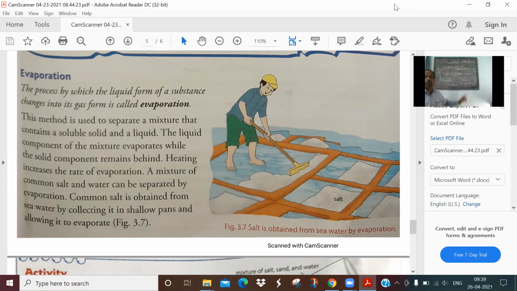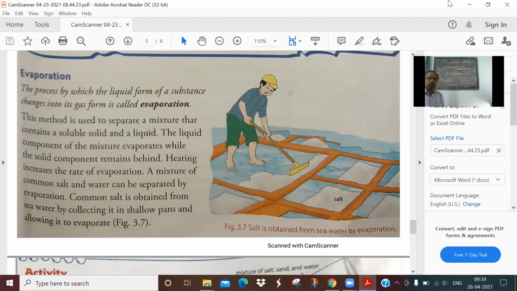I told you the meaning of evaporation, the change of state of a liquid into its vapor state. For example, when water is heated, water starts changing into water vapor. The process of converting a liquid into its vapor state is also called evaporation or vaporization. Anyway, here evaporation means changing of a liquid into its vapor state.